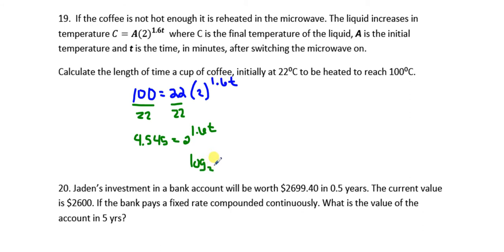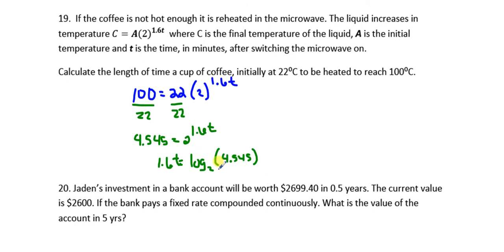Log base 2 of C, or A to the B equals C. So C is our 4.545 equals 1.6 t.